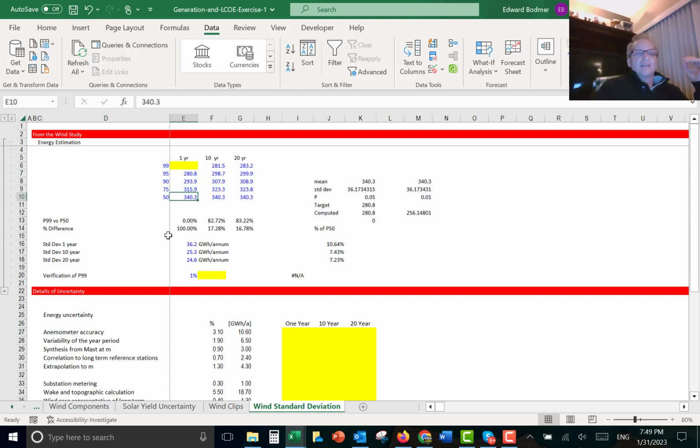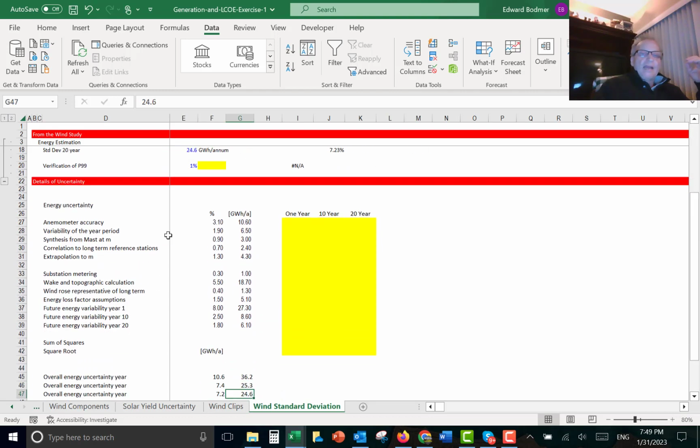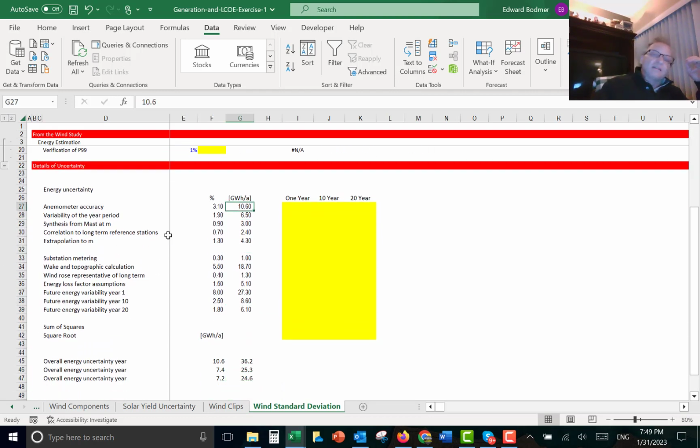Let's look at the standard deviation for this one and this one. This is from a wind study. For the 1 year, we always square it, then copy this all the way down, and I stop here at the 1 year.